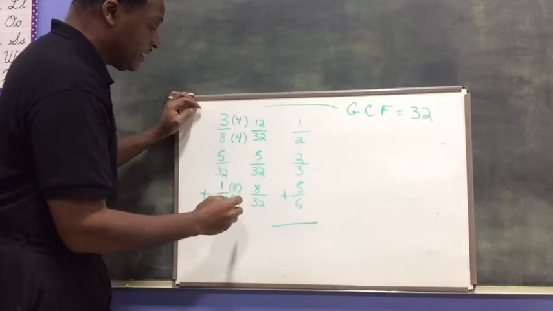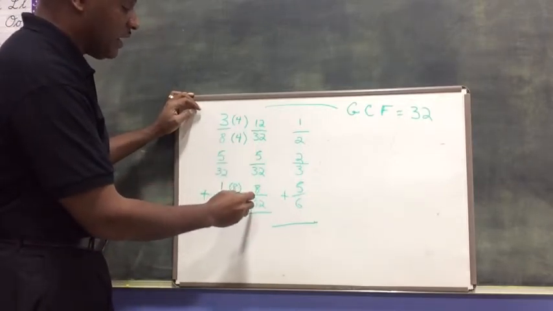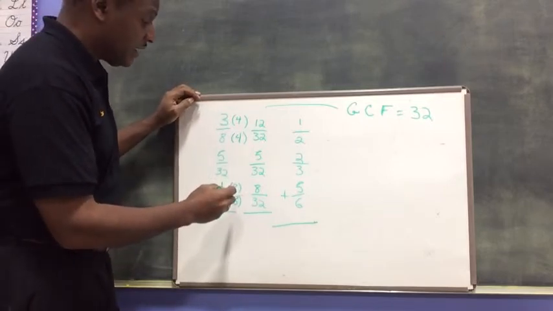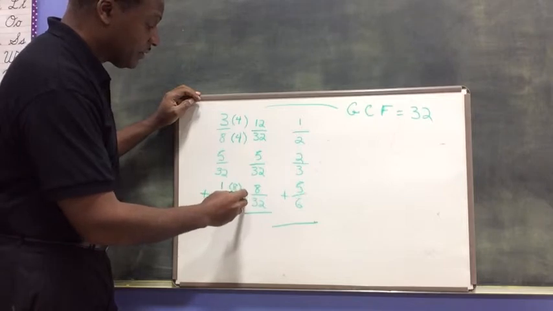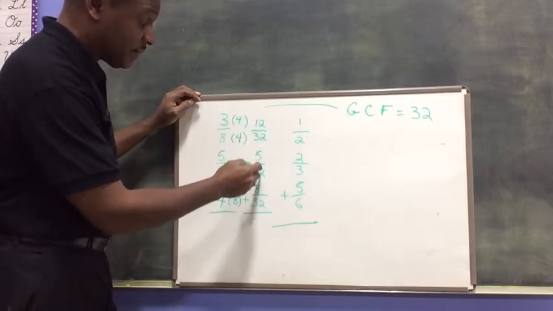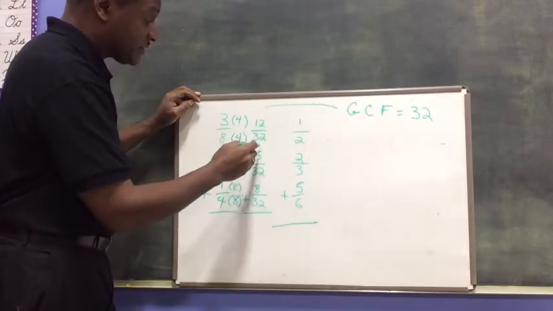Now we have it in such a way that we can add all three fractions together and come out with a number that actually makes sense as a fraction, because they have the same common denominator now. Our greatest common factor is 32.